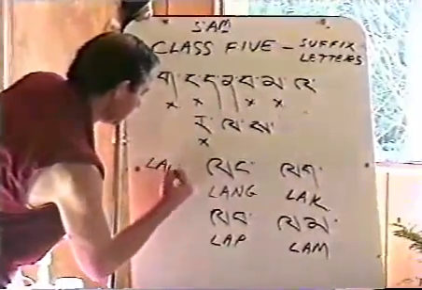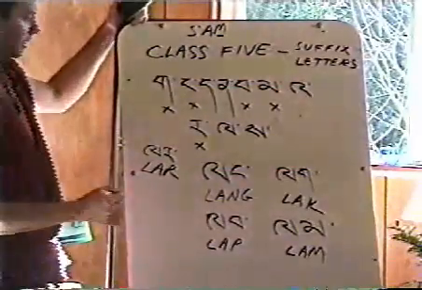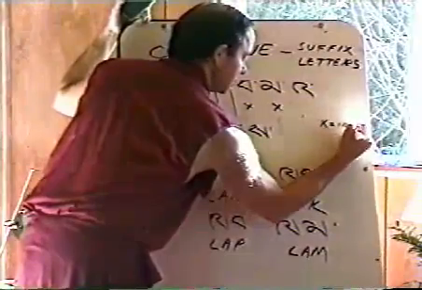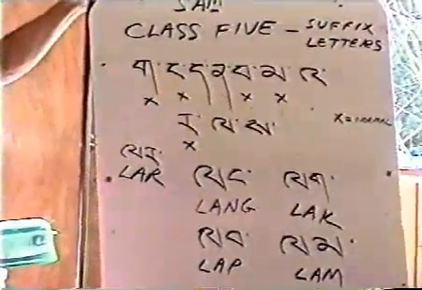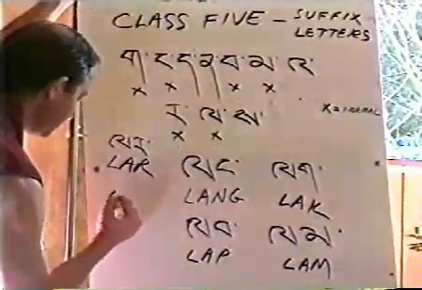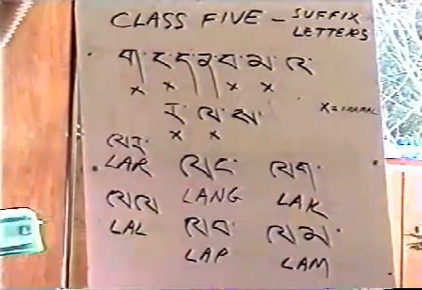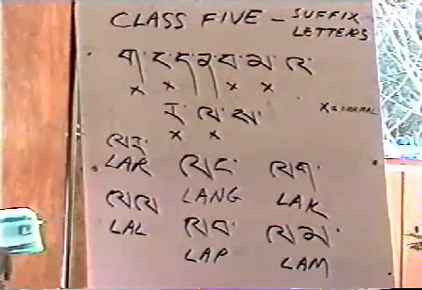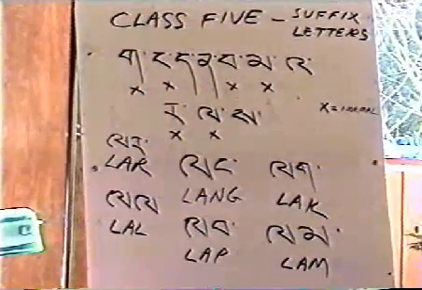This one's easy. Lar. So you got to make yourself a note on your notes that this equals normal. Predictable. La is another predictable one. That's all the normal ones, okay?